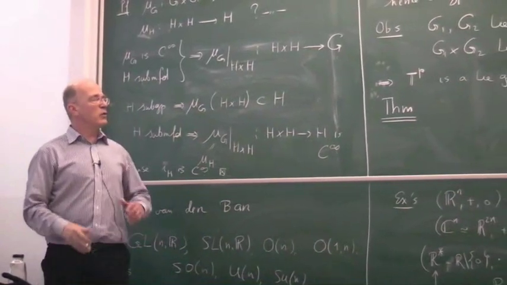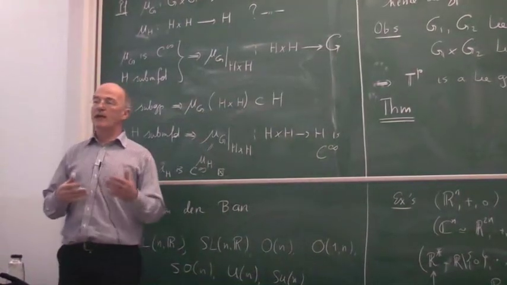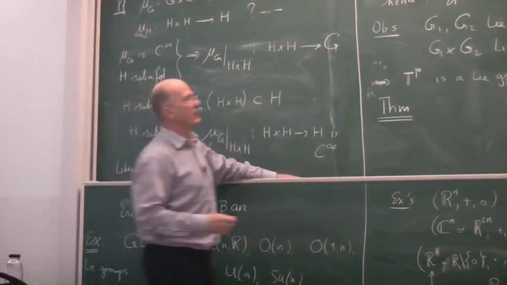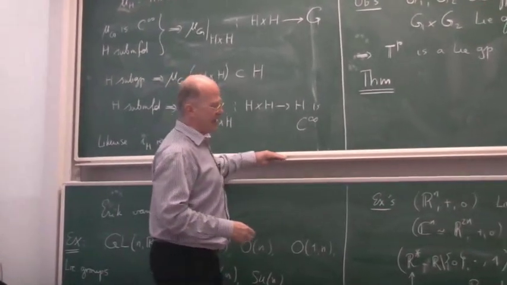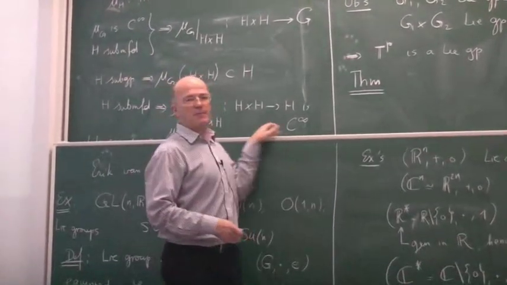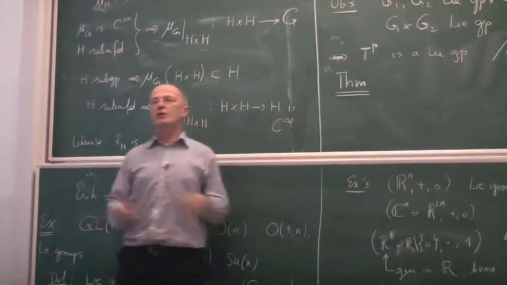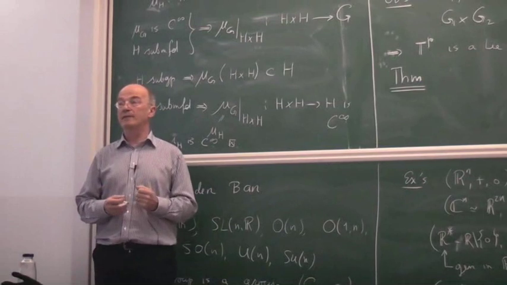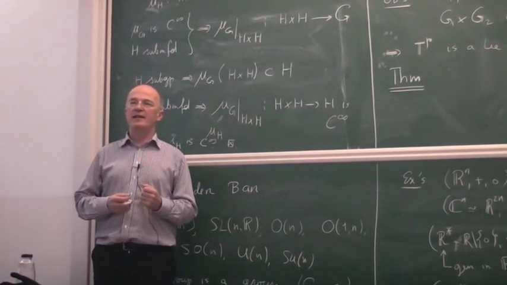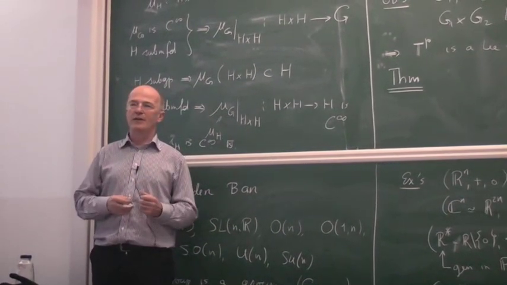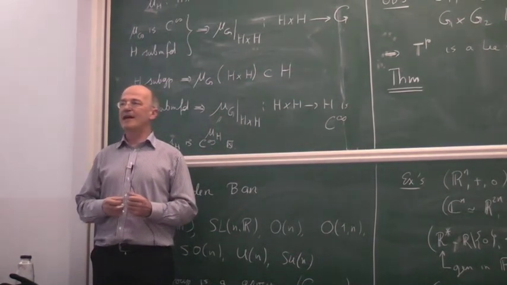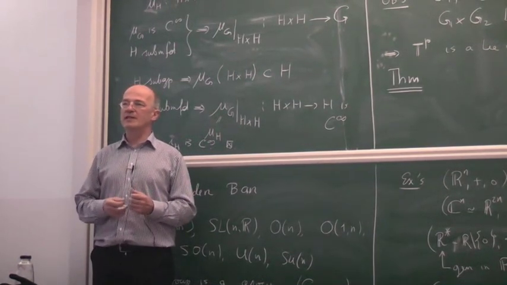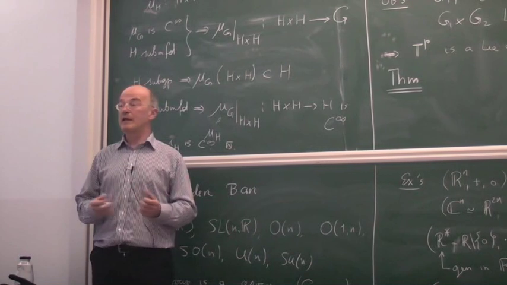What you will see is that in the theory of Lie groups, the idea is that many aspects of the group structure can be captured in an infinitesimal way through the Lie algebra. The Lie algebra basically is the tangent space of the Lie group at the identity element, equipped with an additional structure, the Lie bracket.